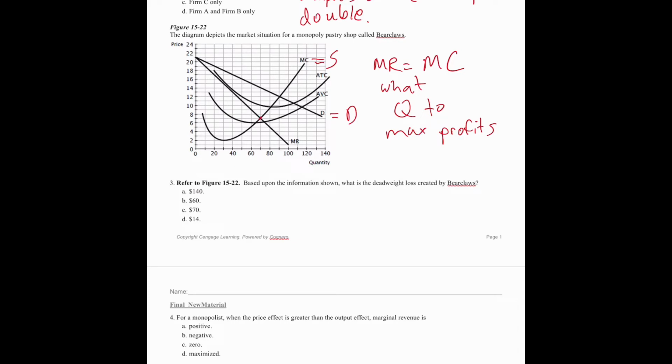All right, so then this is the point where marginal revenue equals marginal cost. We get a quantity of 70.